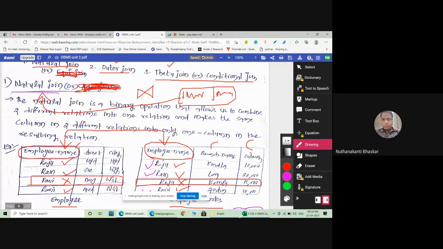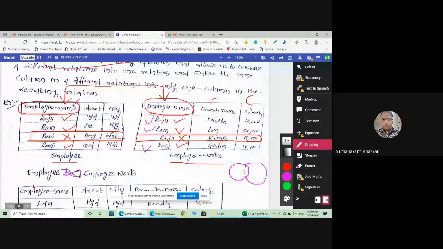One table has a relationship with another table, and the relationship exists when at least one column is common in both tables.